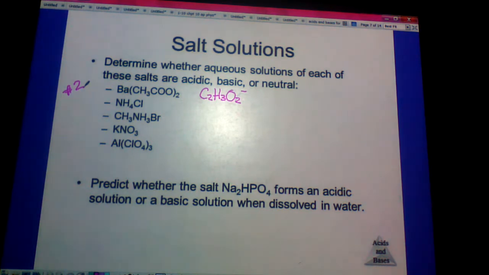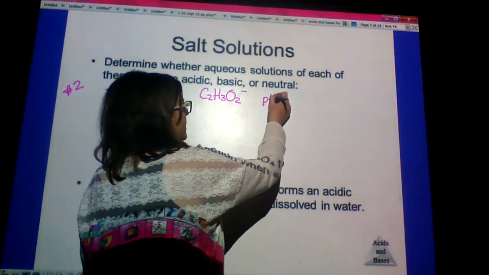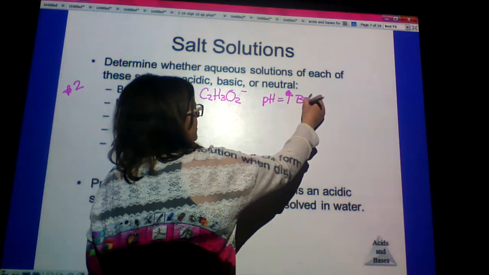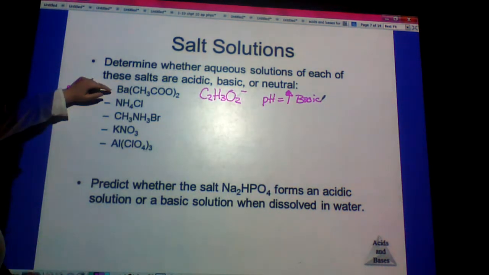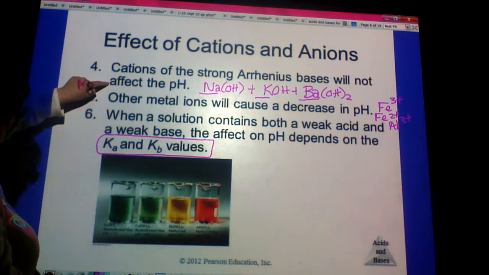So I know right now that, according to acetate, my pH is going to be higher, so right now it's basic. And Ba: we said in the last rule that cations of the strong Arrhenius bases will not affect the pH.